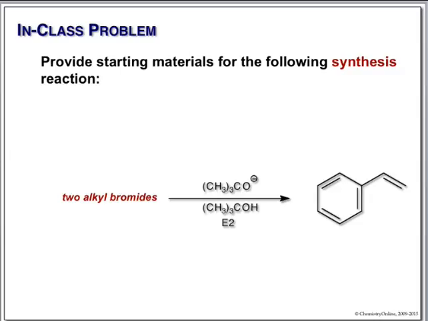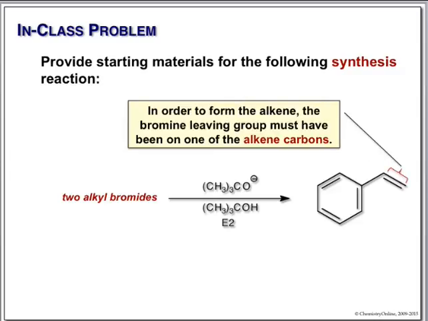All right, well, the logic here, we know we're going to do an elimination. It's going to be an alkyl bromide. In order to form the alkene, the bromine had to be on one of these alkene carbons. We have 2 alkene carbons, so it's not too difficult to come up with 2 possible leaving groups.